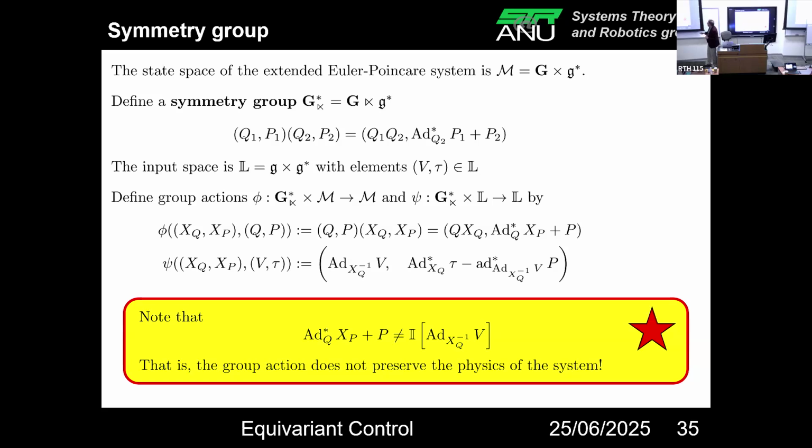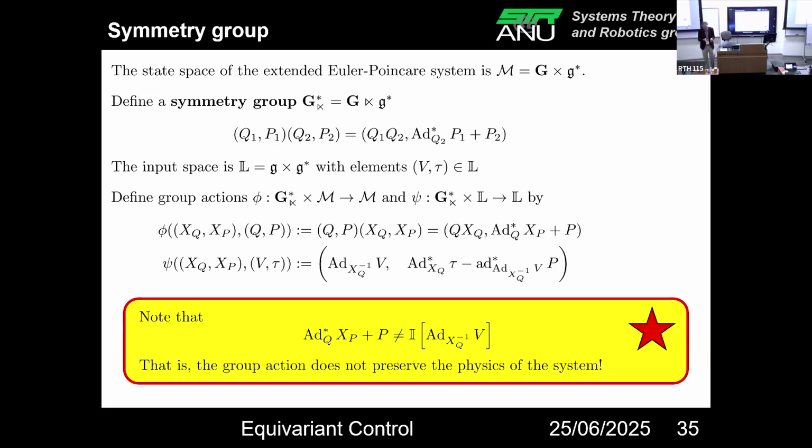All right, I also have a group action on the inputs, the psi down here. So my inputs are V and tau, and then I have two group actions. So the first group action really is just the group multiplication, right? Because this is a free action that I'm doing, right? It's not the same state space, right?